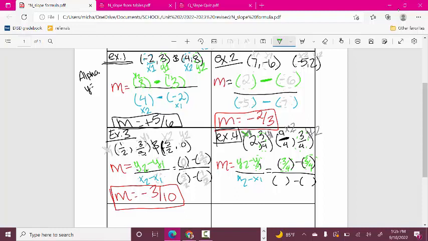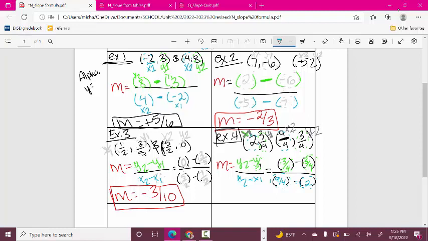And then the denominator, this bubble is in place of x2, and x2's value is 9/4. Minus sign from the formula, and then the next set of parentheses is for x1, and x1 is 2.